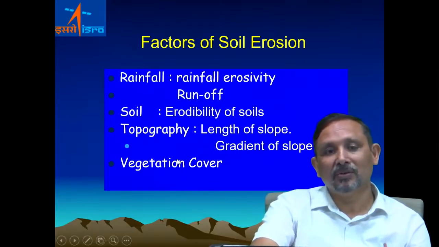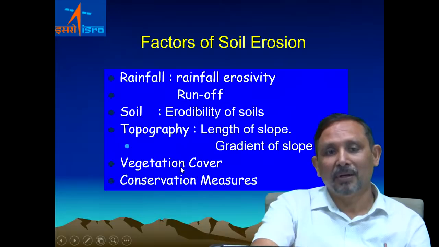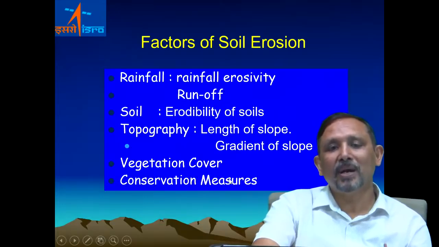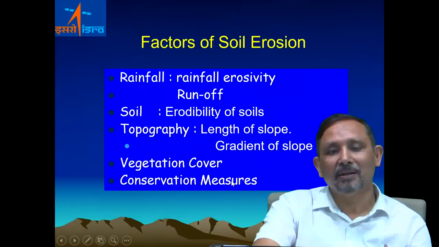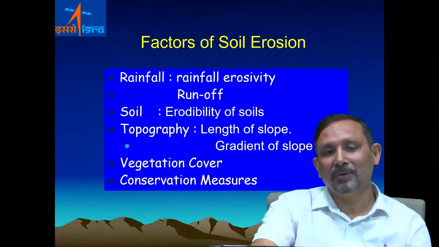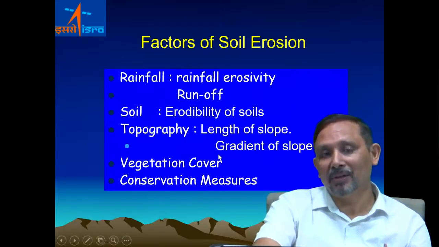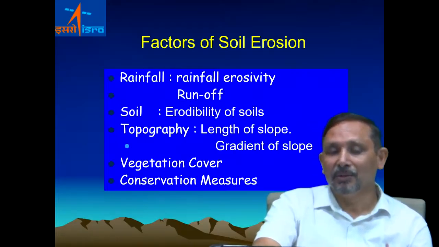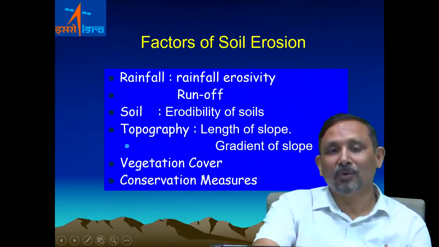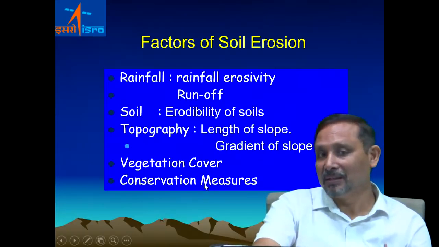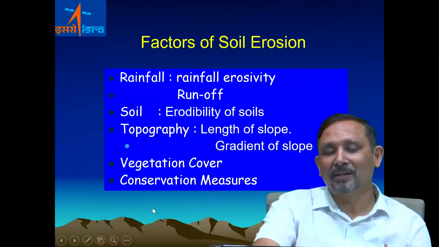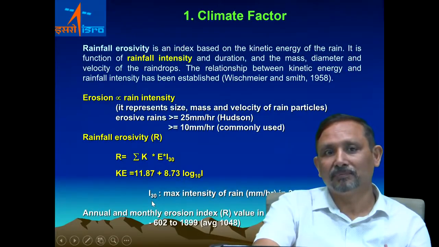So we need to quantify vegetation conditions. And then what conservation measures are being taken at present. Sometimes farmers take various conservation measures to protect their land and soils, and even in forest areas various conservation measures are taken. So we should know whether conservation measures are there or not. So you can say these 5 factors affect soil erosion.